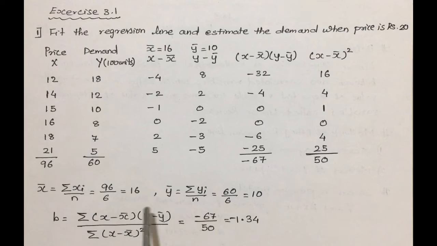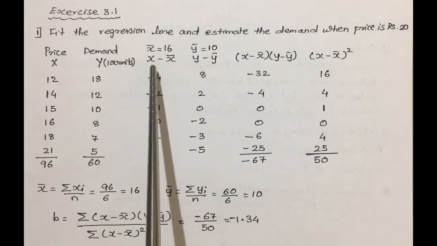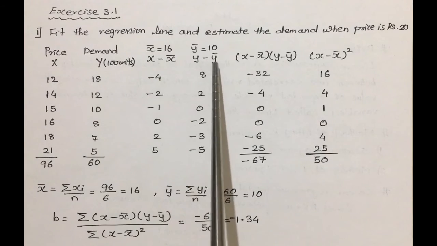So the most suitable formula for calculating B is summation of x minus x bar into y minus y bar, divided by summation of x minus x bar square. So first of all, we will have to calculate x minus x bar and y minus y bar.